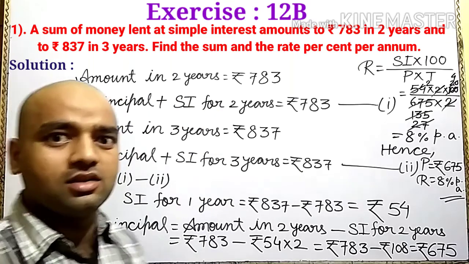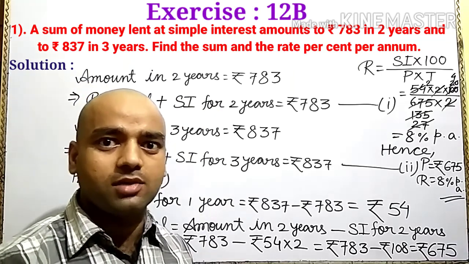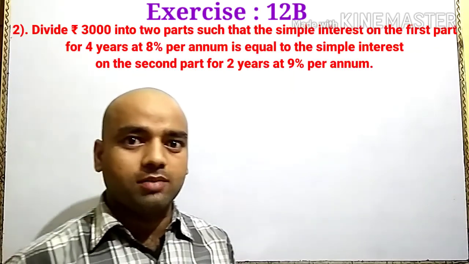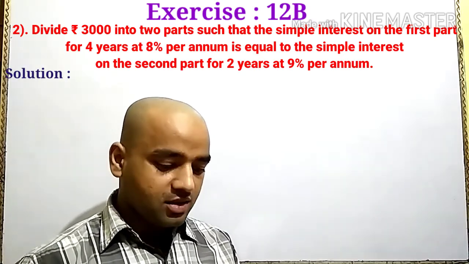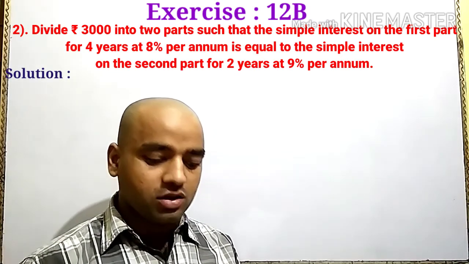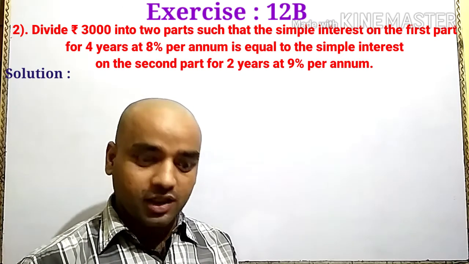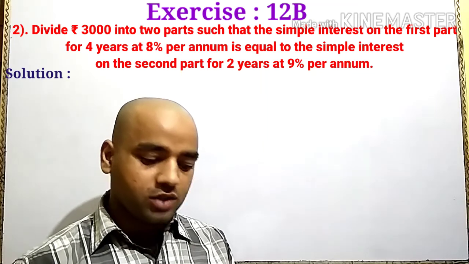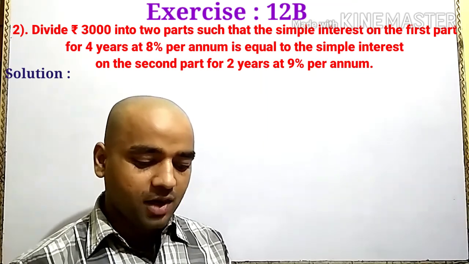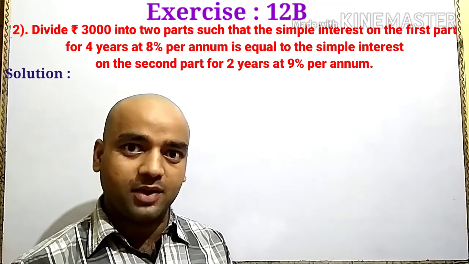Is it clear? Now let us discuss question number 2. In question number 2, divide 3000 into 2 parts such that the simple interest on the first part for 4 years at 8% per annum is equal to the simple interest on the second part for 2 years at 9% per annum.